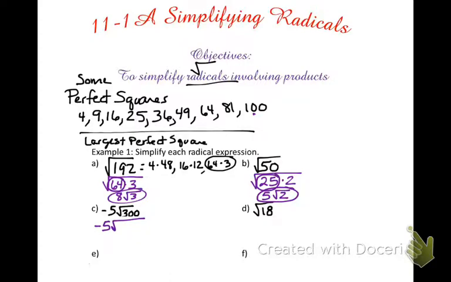Yes, it does. 100 times 3 gets me 300. So I'm going to circle 100. You put your -5 times, and the square root of 100 is 10. And then I have left over a square root of 3. So I have negative 50 square root of 3.